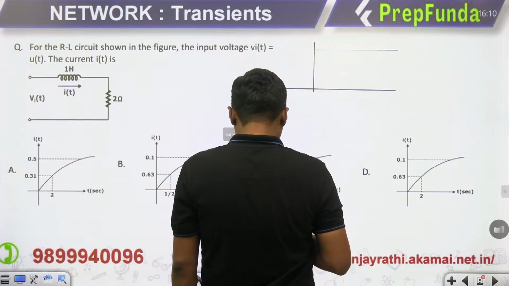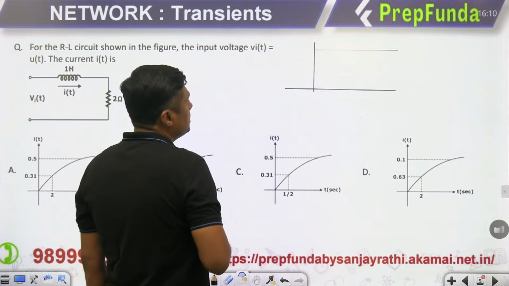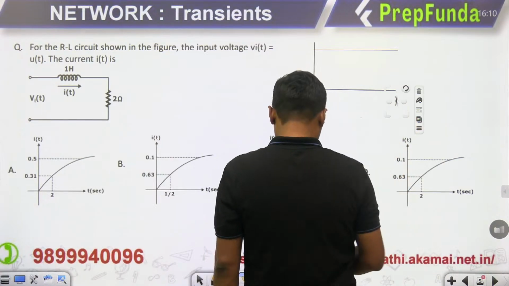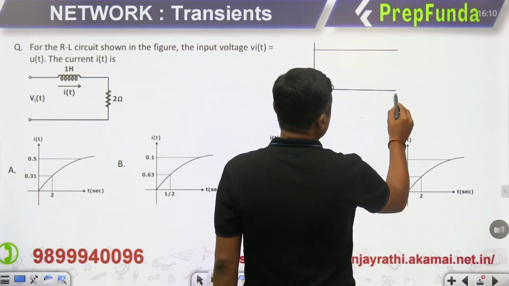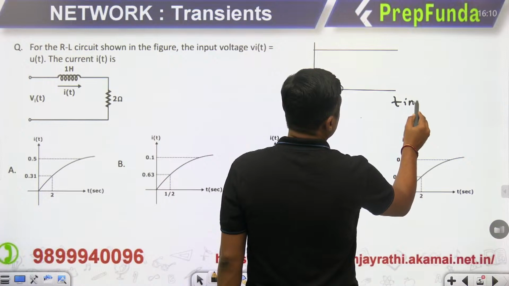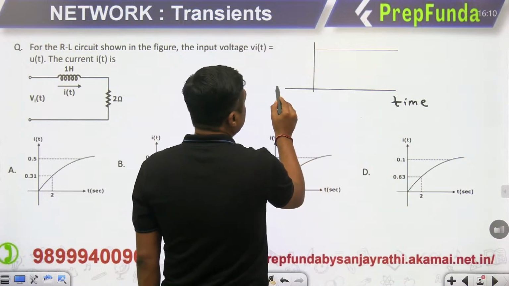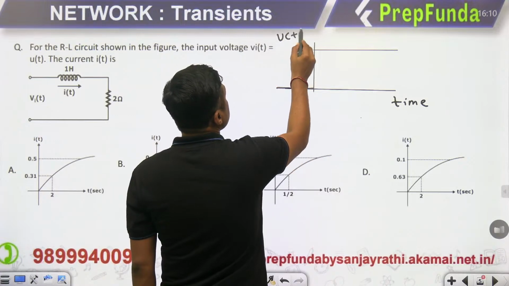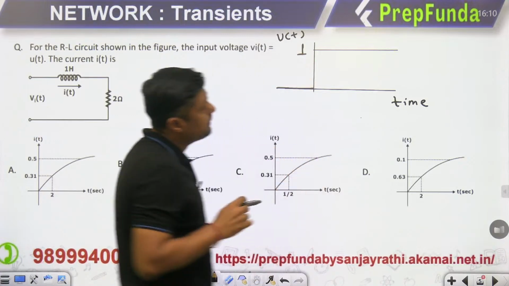This is u(t). Against time, here it is 0, suddenly it will become 1. This is the unit step signal. So this is our Vi.